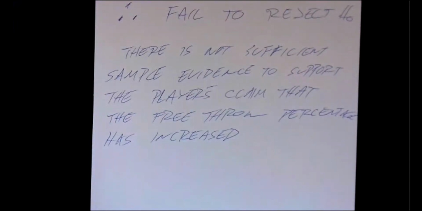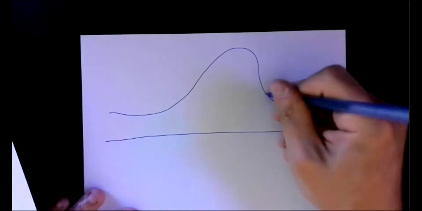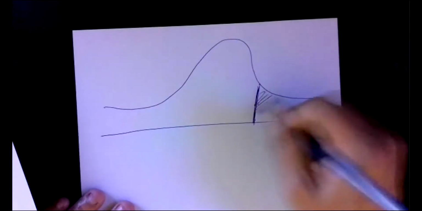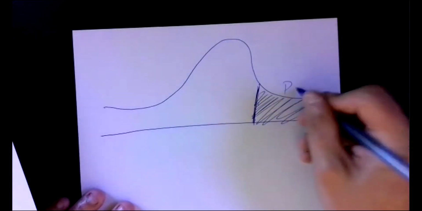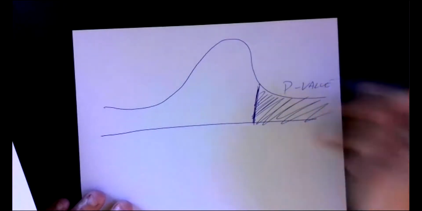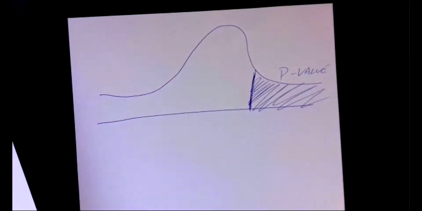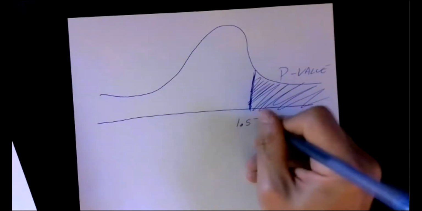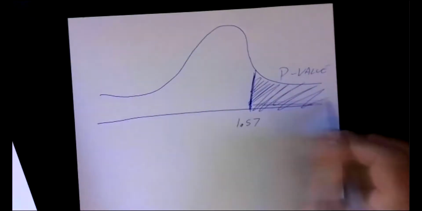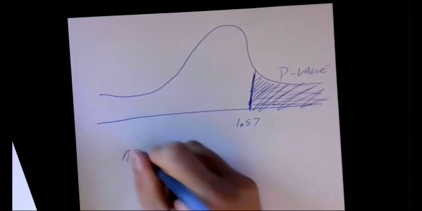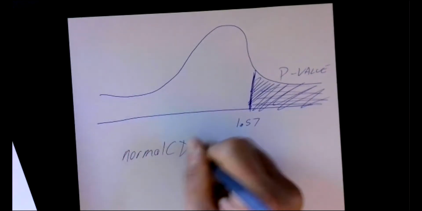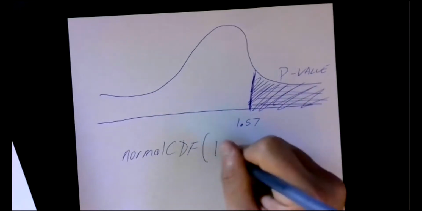Now, if you were going to use the p-value method for this problem, then you're welcome to. What you would do is get your curve. It'll still be right-tailed. The area in this tail is the p-value. The test statistic that we got was 1.57. Now, to find this area, we would use the normal CDF function. The left-hand boundary is 1.57.